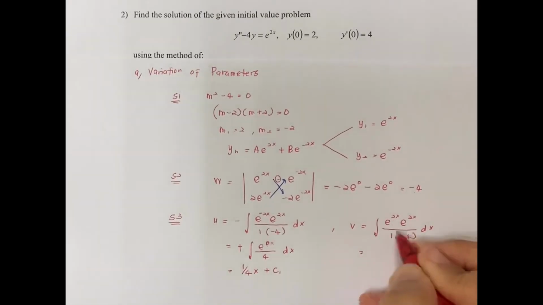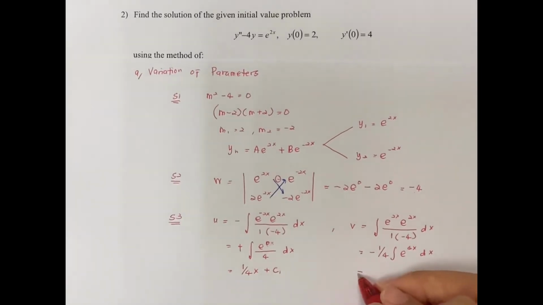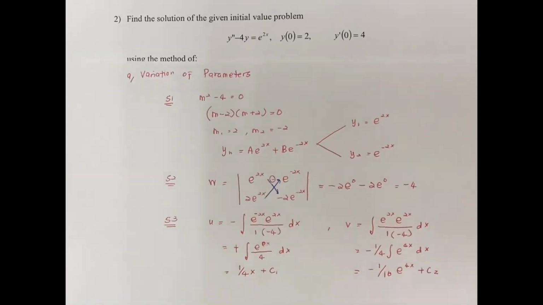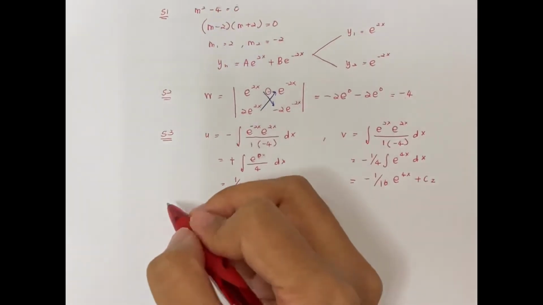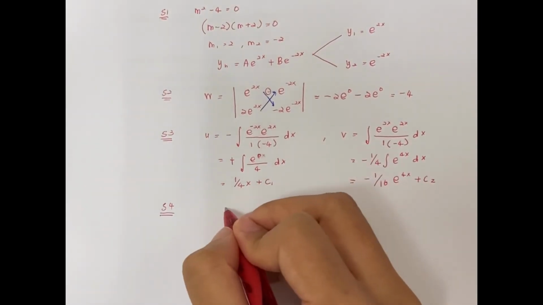For this one, you have negative 1 over 4 exponent 4x dx. So you have negative 1 over 16 exponent 4x plus C2. And then proceed with the last step.